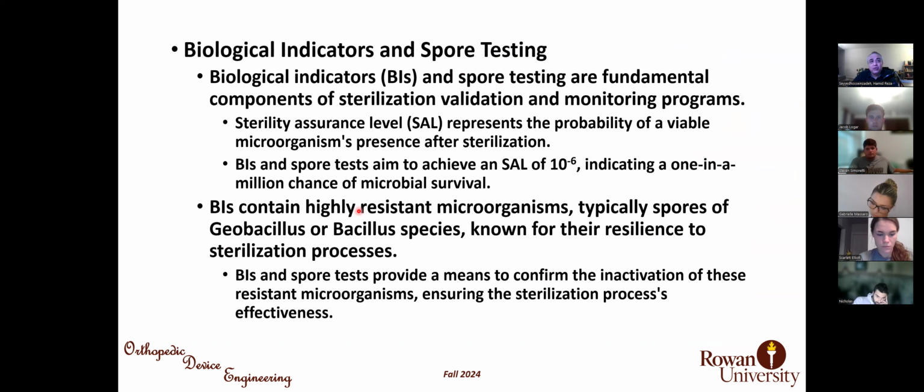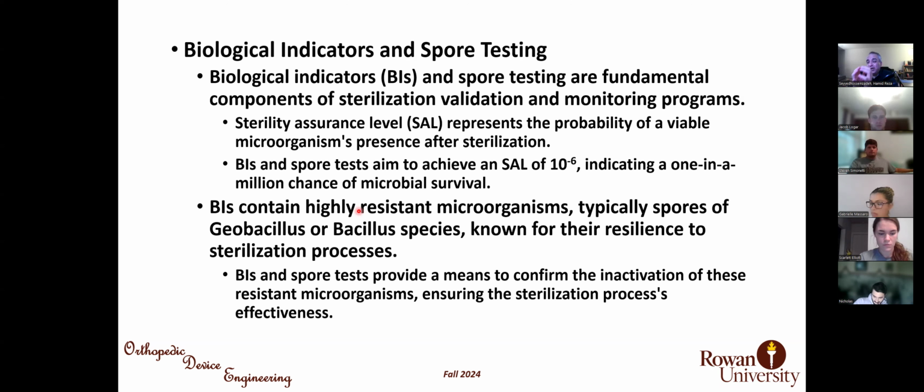How do we become sure that these sterilization techniques are working? We have two major techniques. First, we can test the system to see if any bacteria, any virus, anything is still present in the sterilized item.